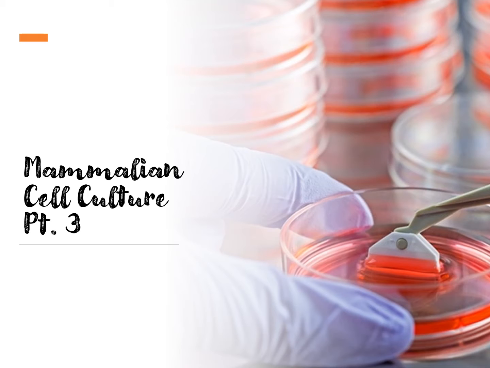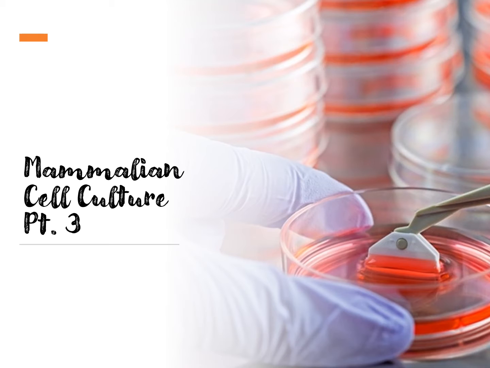So if this is your first time visiting my channel, then I would like to brief you about what we are discussing in this lecture series. In the previous two lectures we have been talking about mammalian cell culture. In the first lecture, we talked about the various equipment required to establish and maintain mammalian cell culture, the working principle of each of these equipments, and their utilities in detail.